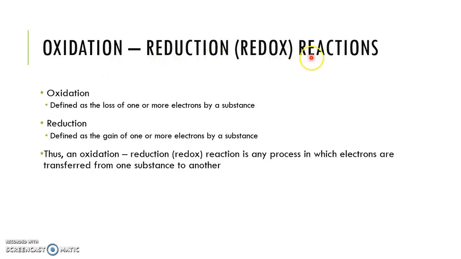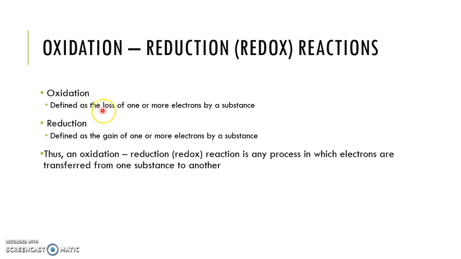Redox reactions are actually oxidation and reduction reactions. The short name is redox. What are redox reactions? To understand this reaction, we need to understand the terms. What is oxidation and reduction?